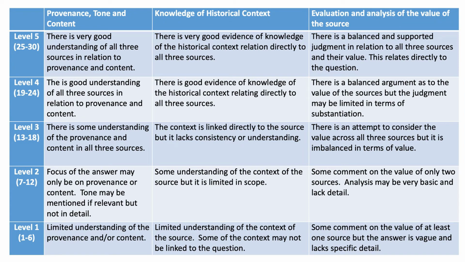The difference between the 4 and the 5 is that nuance of how much knowledge you can show that is relevant to the question, how you can show a good understanding of the provenance and the content, and how balanced and well supported your argument is. They're the things that will make the difference between a 4 and a 5. It's not easy, but it is something that is worth achieving.